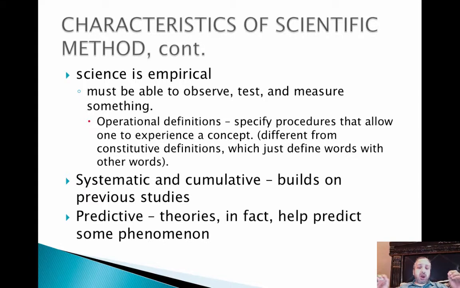What are operational definitions? Remember I said the social sciences, the soft sciences, are a little bit tricky because we're measuring concepts. It's more straightforward to deal with hard science. Because there, I want to demonstrate that water freezes at 32 degrees.